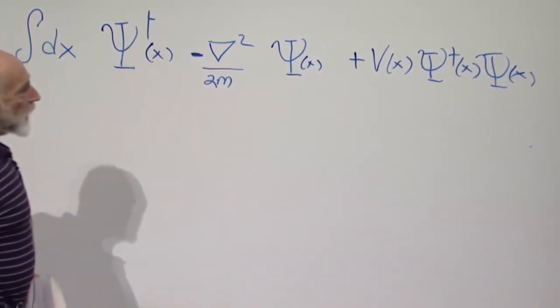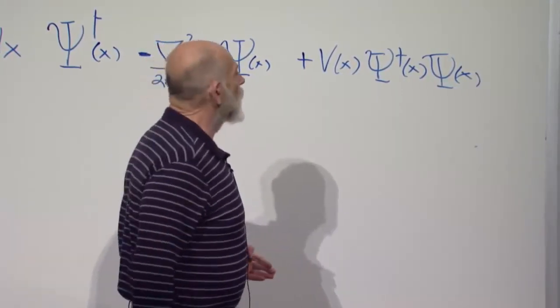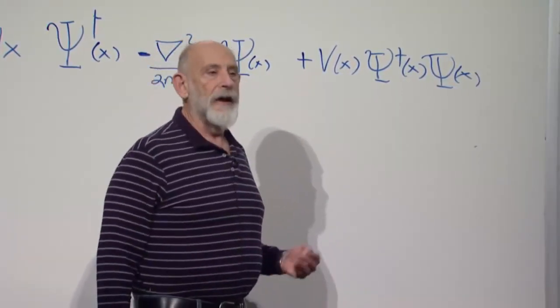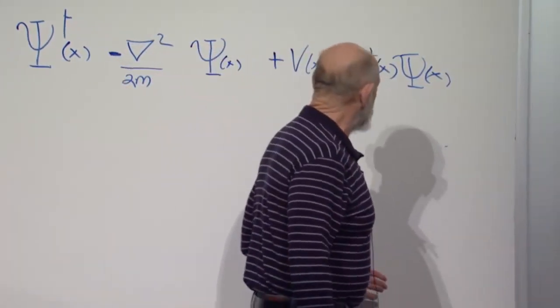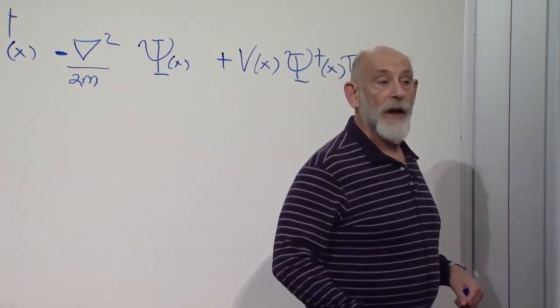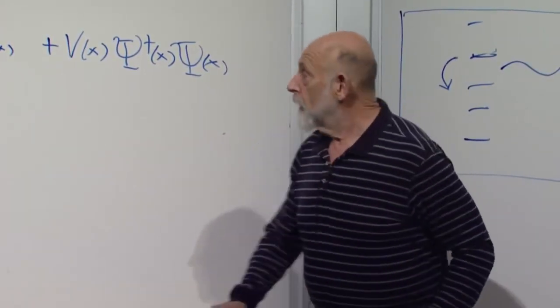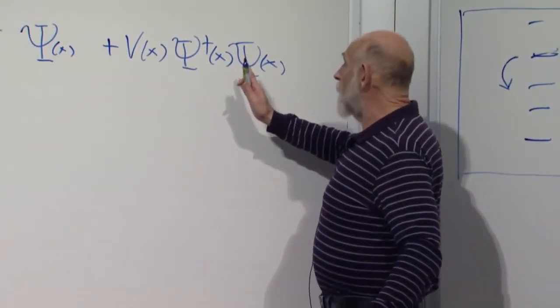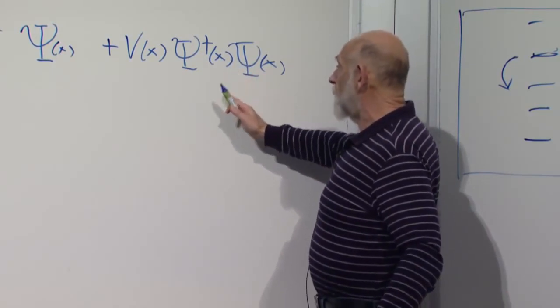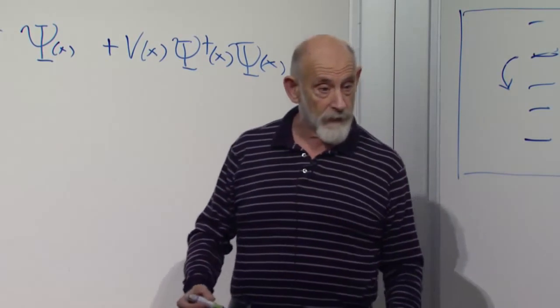And the way you would understand this term is just every particle, if it's at position x, has a potential energy V of x. Psi dagger of x times psi of x, what is that? That's the density of particles at point x. So this is just counting the number of particles at point x and giving each one a potential energy V of x.